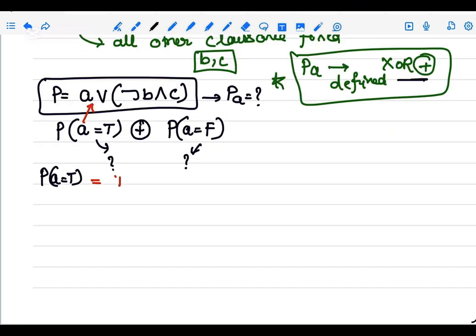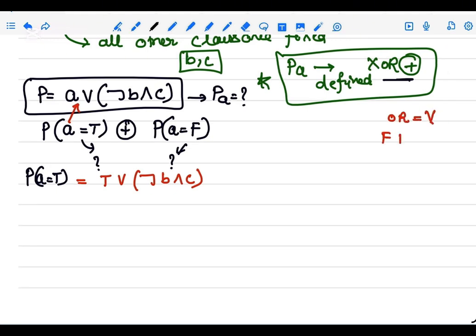With A equal to true: true or not of B and C. This is the OR gate, right? How does the OR gate operate? That is V. So that is false false, false true, true false, true true.